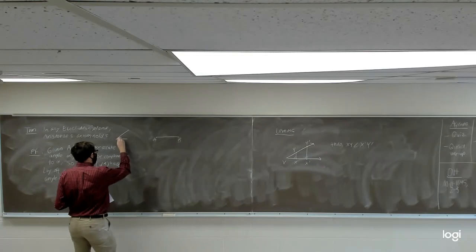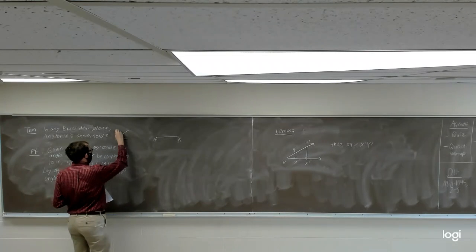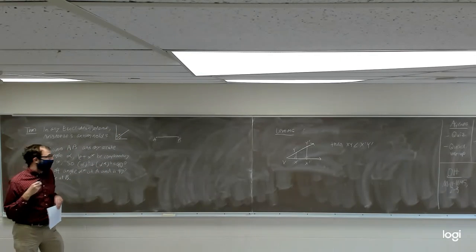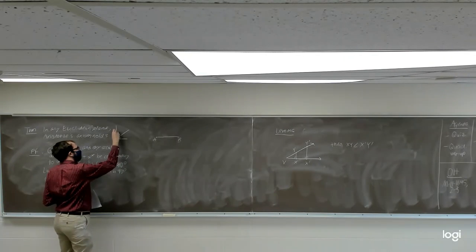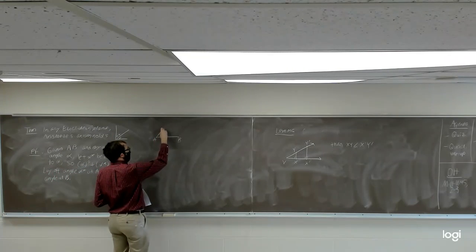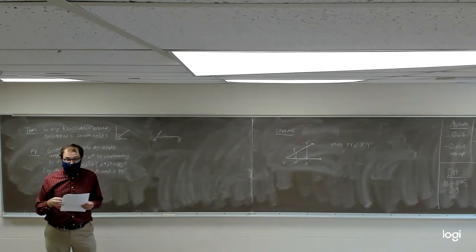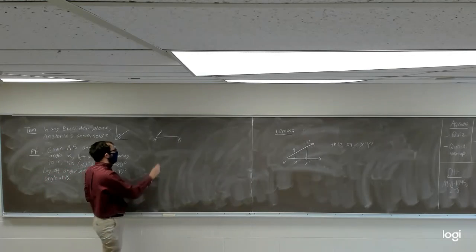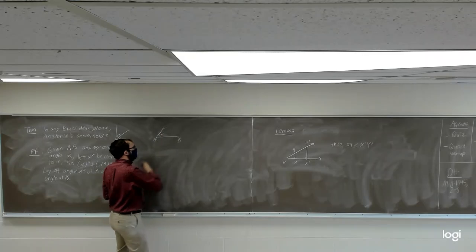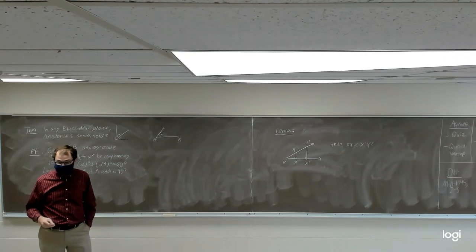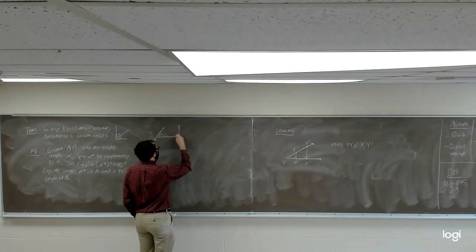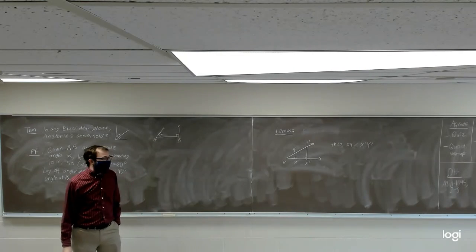And if alpha looks like that, then alpha star would look like that. And so I'm going to transfer a copy of alpha star so that it points upwards from the point A like this, so that we get an angle going up from A that's congruent to alpha star. And similarly, I'm going to have a right angle going up from B in the same direction.